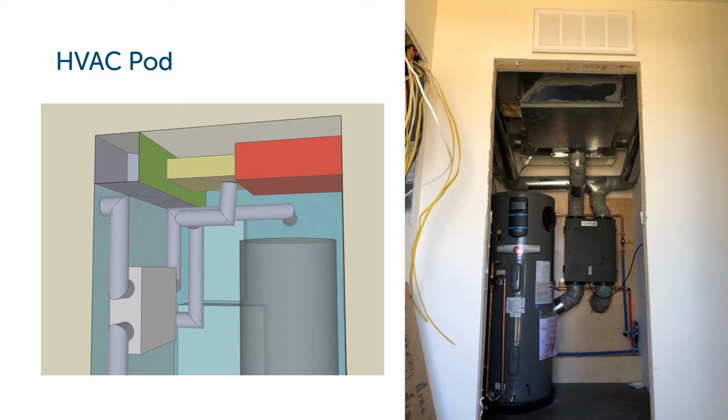Here's another look, another schematic, and again on the right, here it is in real life. The MERV 13 filter is located above the closet door. You can see that. So here's the filter. We're using a good MERV 13 filter right here at the door, easy to change. Then here's the small return plenum. This is the air handler from the heat pump.